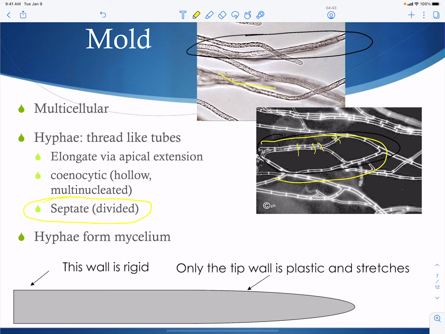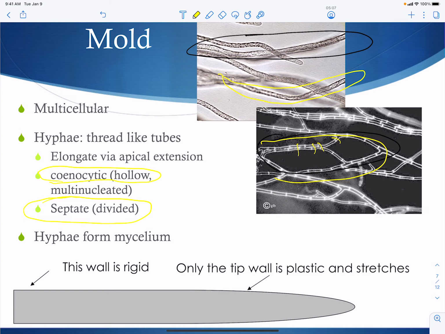Others look like long tubes with no divisions, and those are coenocytic hyphae, hollow, multinucleated. And so your septate hyphae will have individual nuclei within each septate, whereas your coenocytic will have your multinucleated, so it will look like one giant cell with many nuclei in it.